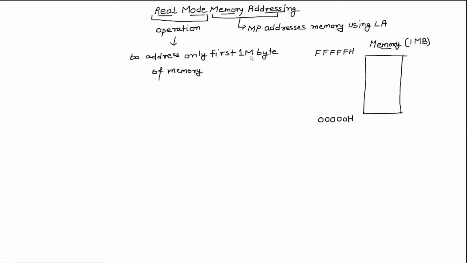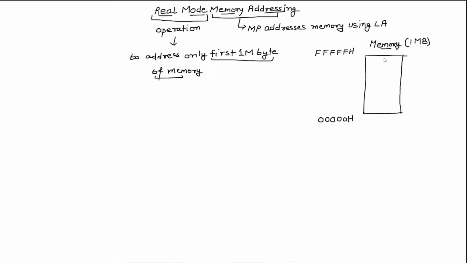So let's suppose our system has 8 megabytes of RAM or memory. In real mode, the microprocessor will assign the logical addresses to only the first 1 megabyte of memory space.